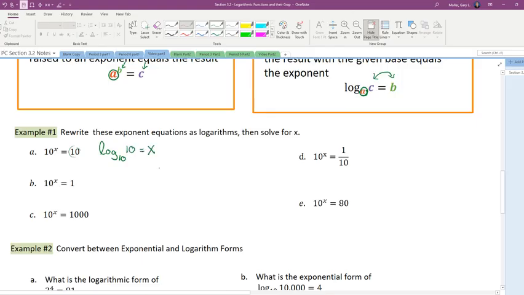So notice how rewriting this exponent as a logarithm took this unknown exponent and placed it squarely out here by itself as x equals. So when I go to answer this question, log base 10 of 10. Well, here's what's going to seem kind of silly. In order to answer this question, I'm actually going to think about it how we thought about it originally, and just ask myself, this is just meaning 10 to what power is 10? Oh, x equals 1.